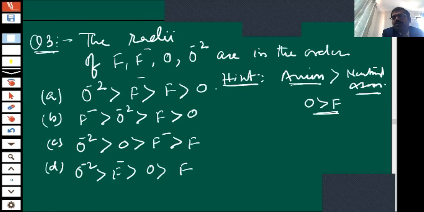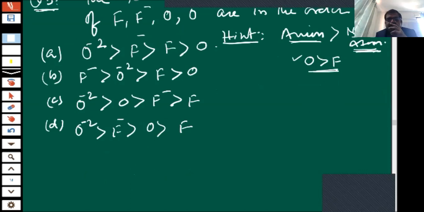If oxygen is bigger, then its anion will be even bigger. So option D.